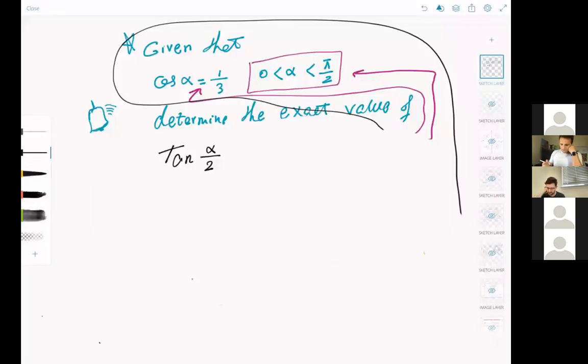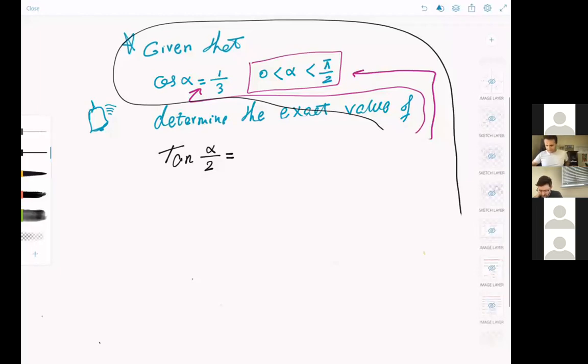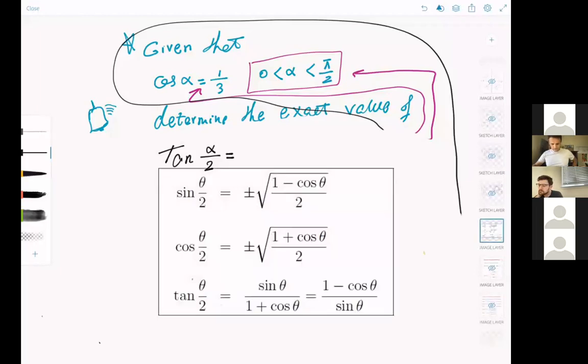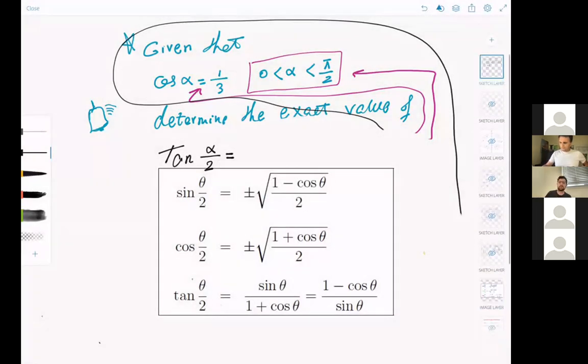So for tangent of alpha over 2, we're going to look for the half angle formula for tangents. The good thing is we have 2 formulas for tangents. One of them is sine of theta over 1 plus cosine theta. Another one is 1 minus cosine theta over sine theta.